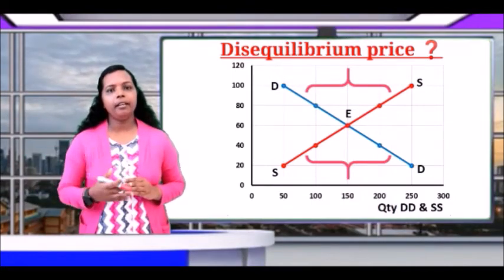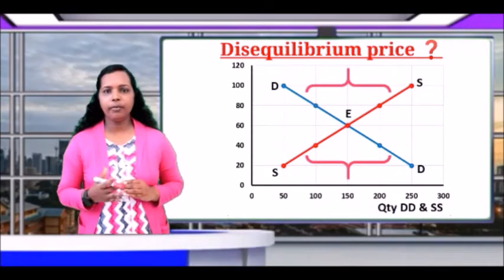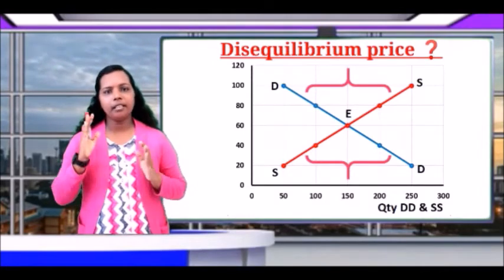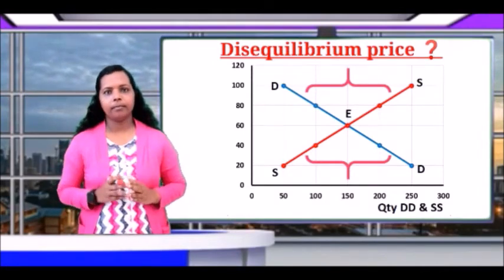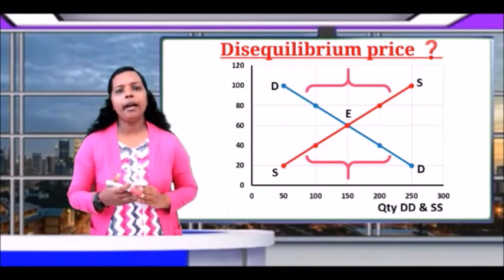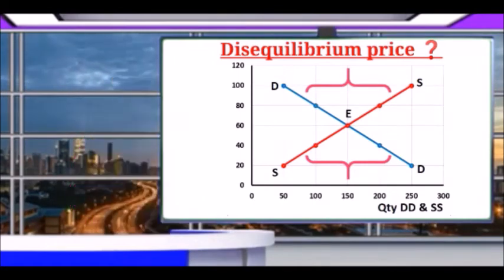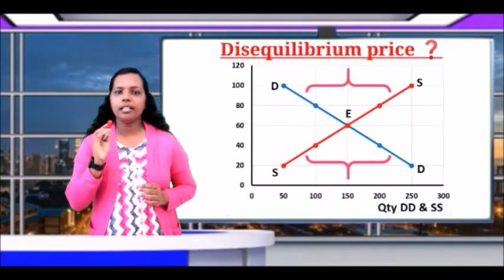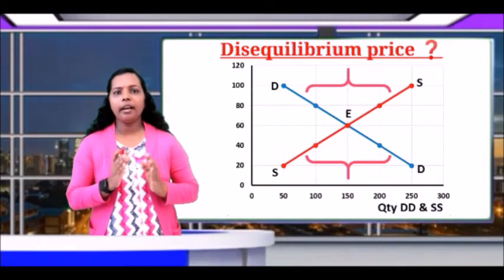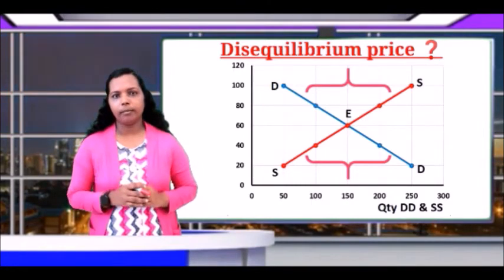We can define disequilibrium as a situation where demand and supply are not equal. Then, how to define disequilibrium price? The disequilibrium price is a price where demand and supply are not equal.